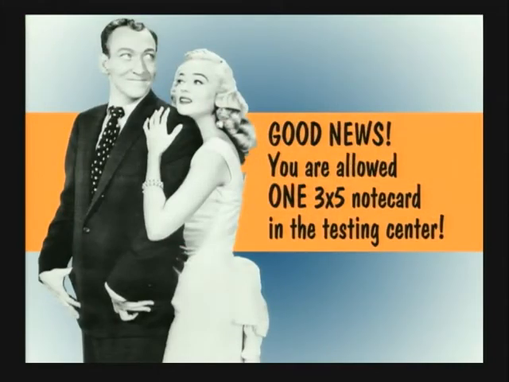And the good news is that you are allowed one 3x5 note card in the testing center. I mentioned that during the orientation session, and it's their rule, so we have to follow their rules. It's one 3x5 card. It can't be any larger than that.